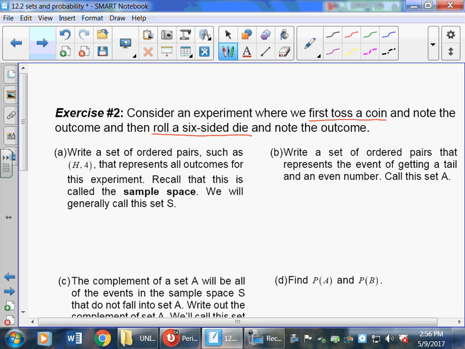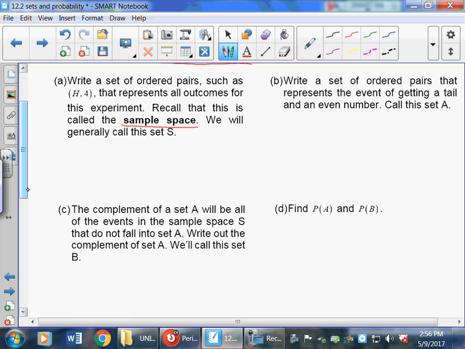Recall that this is called the sample space. We will generally call this set S. All right, so what is this going to look like? Me personally, I'm more of a visual person. My first experiment is I'm going to throw a heads or a tails. After I've done that, what's the next possibility?